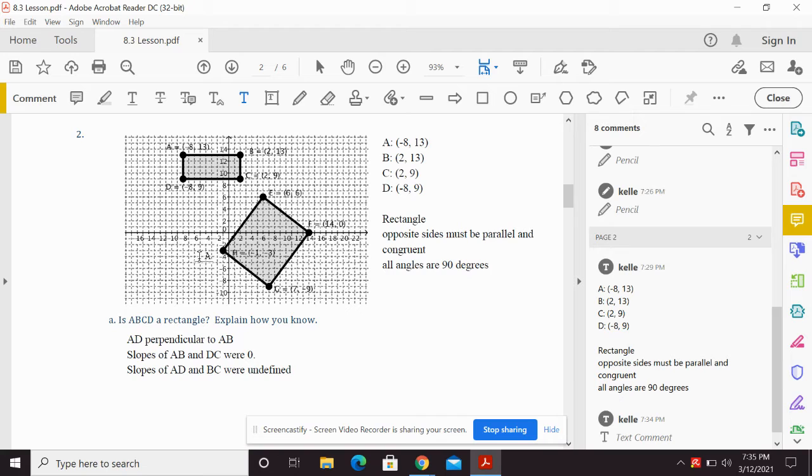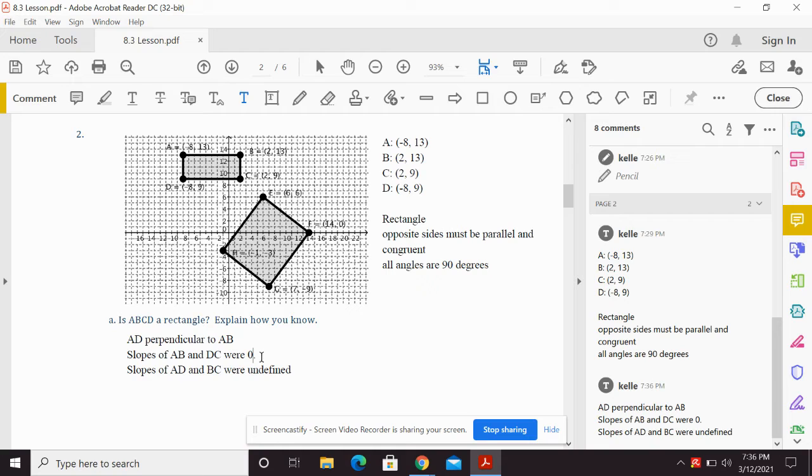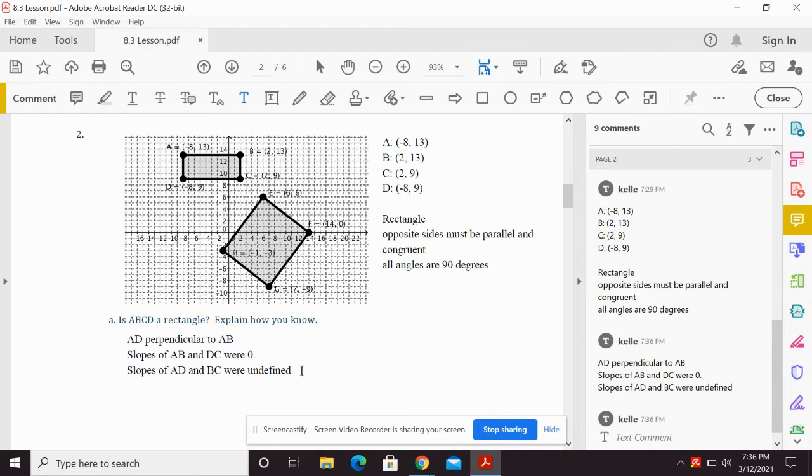It's kind of flipped: 0 over some number, and undefined means 0 is now on the bottom. So they are flipped. But I'd rather you just say that horizontal and vertical lines are perpendicular to each other.